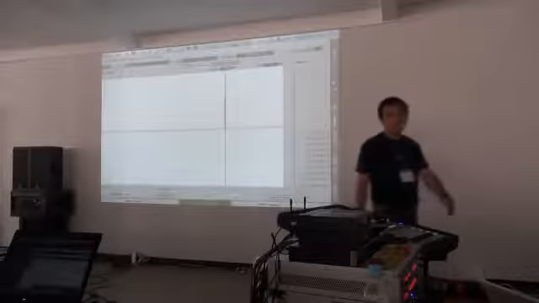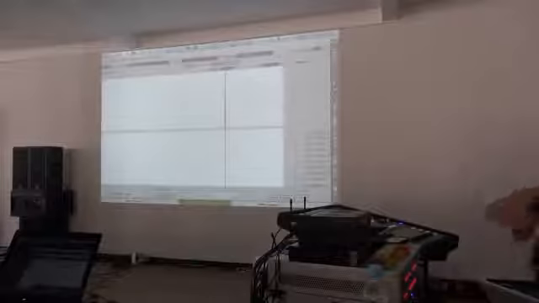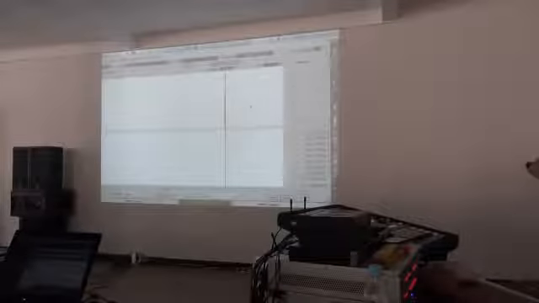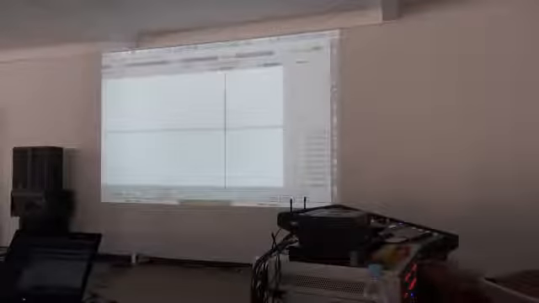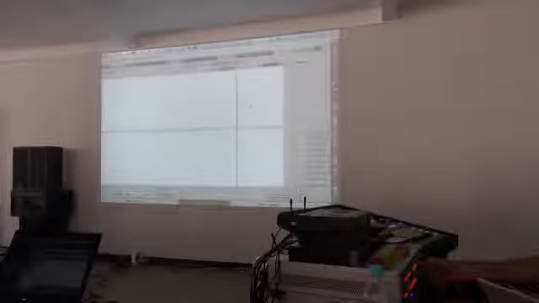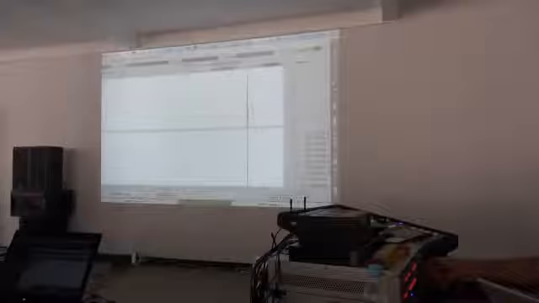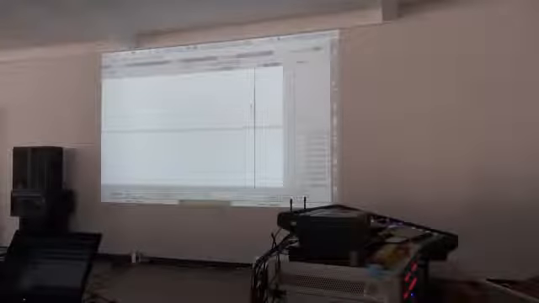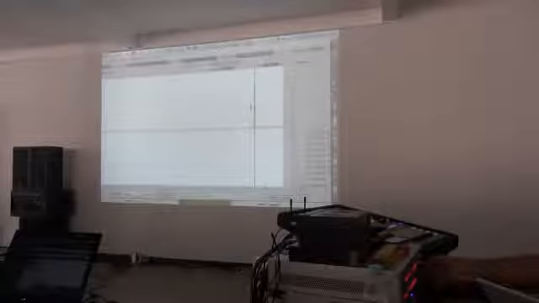If I come to the processor and I add delay, the signal will move to the right. I am introducing delay and you can see that the signal is moving to the right. So the impulse response is telling us the accumulated latency plus the delay that I am introducing here.